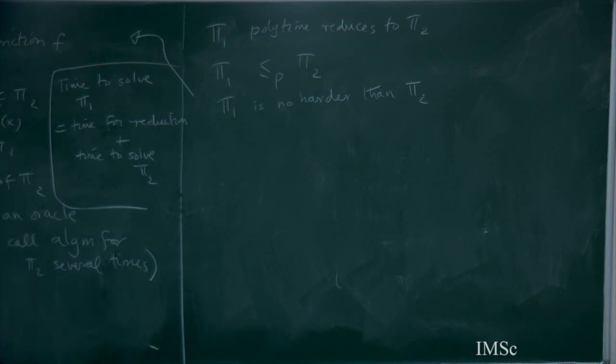Why is this? Because whatever algorithm you have for pi 2, you can use it to solve pi 1 through this reduction.